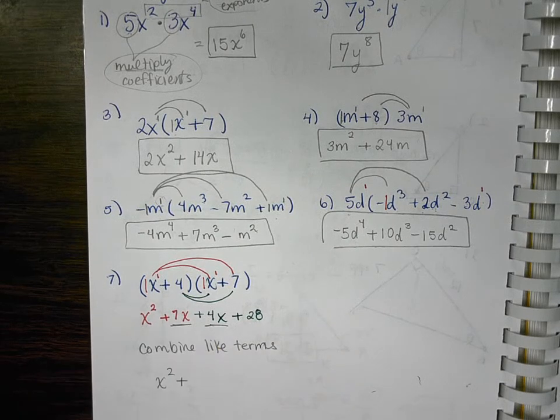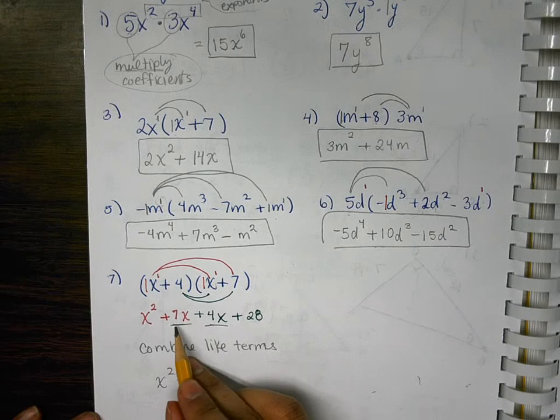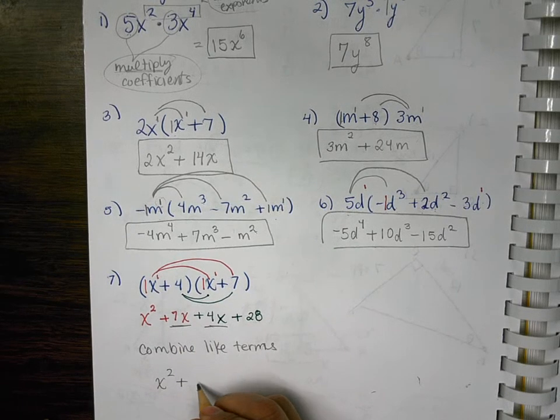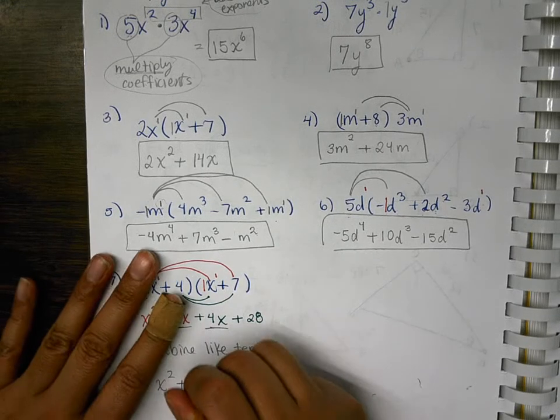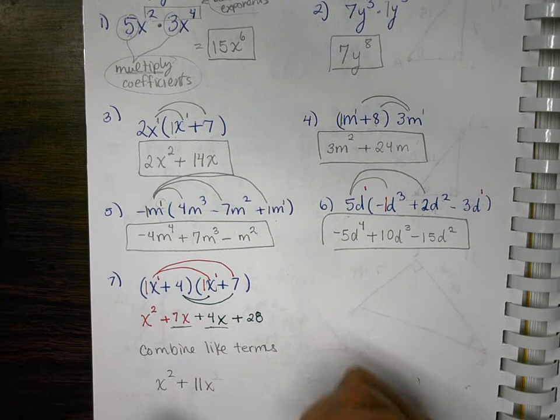x squared plus, now be careful here. Am I multiplying these two or adding? Is adding like terms different from multiplying? Yes. You will add your coefficients just like you think, but here's a common mistake kids make. 7x plus 4x, they say, oh, that's 11x squared. Is that squared or not squared? When you're adding like terms, you do not change the exponents.